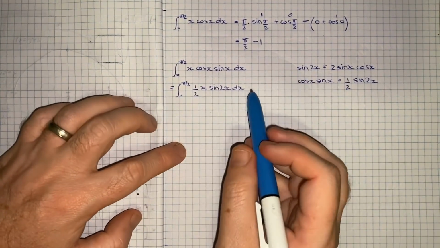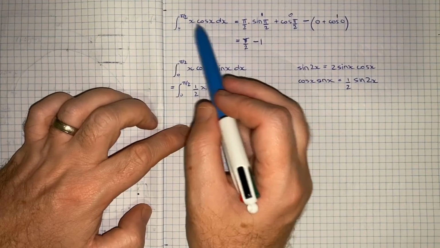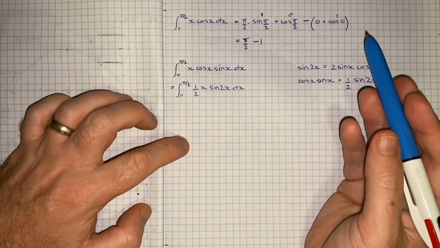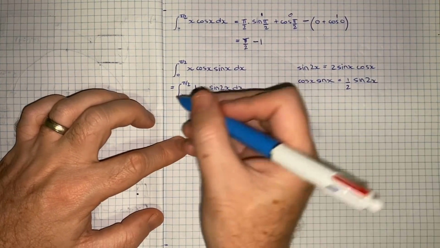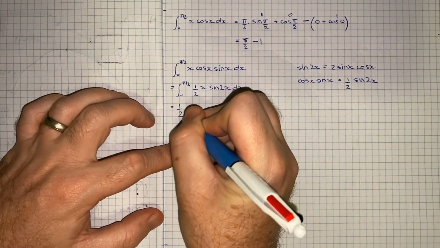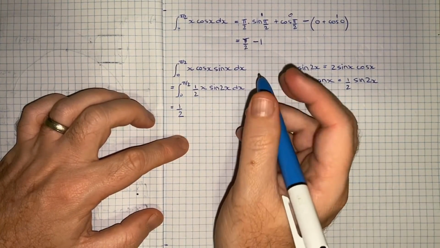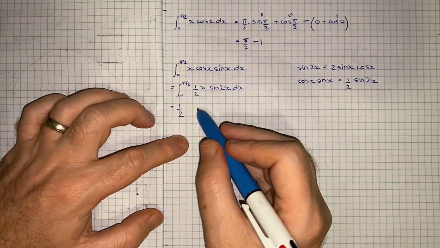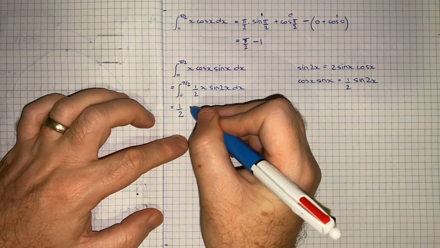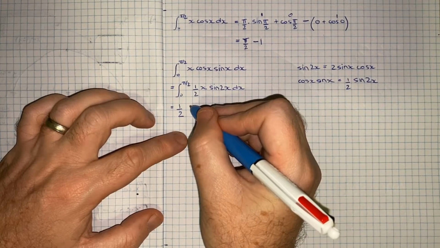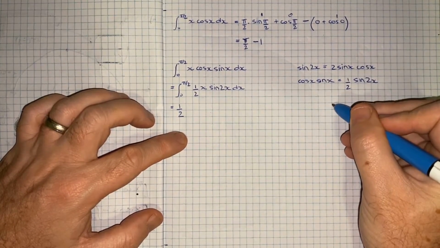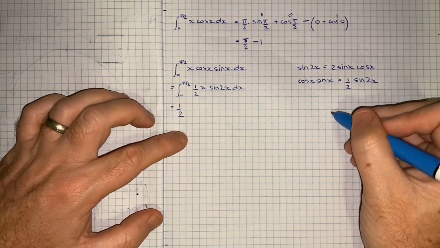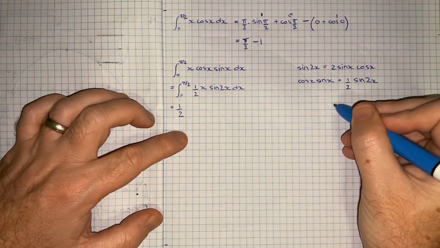And then this integral becomes quite similar to the one we just did. We'll just use integration by parts again. So I'll just bring out the half. So that's going to be a half times, I guess I'll just write up my integration by parts formula, and we'll decide what we want u and v dash to be.